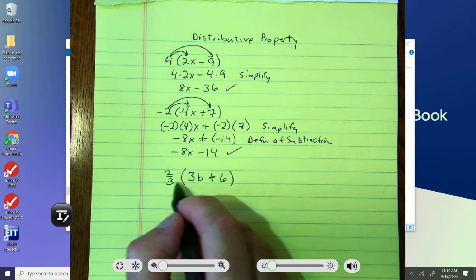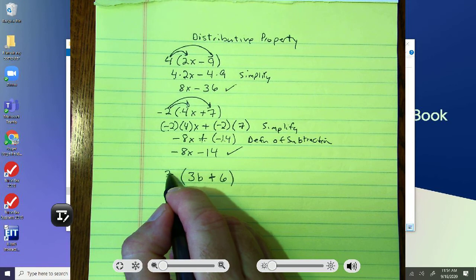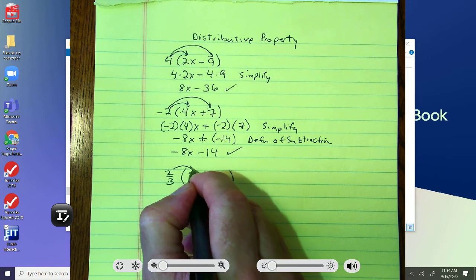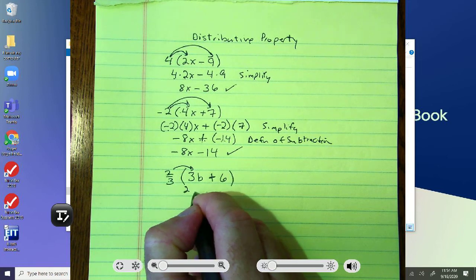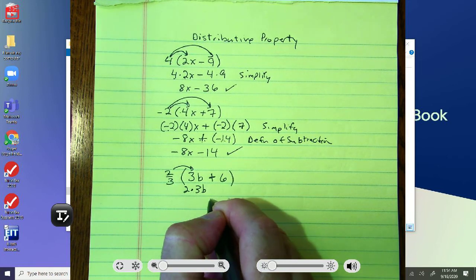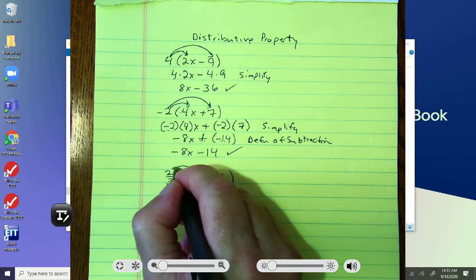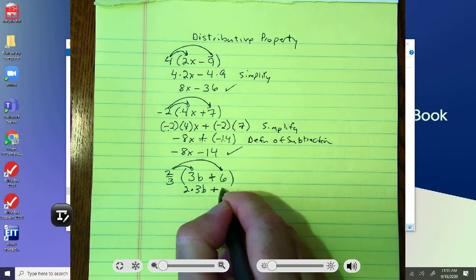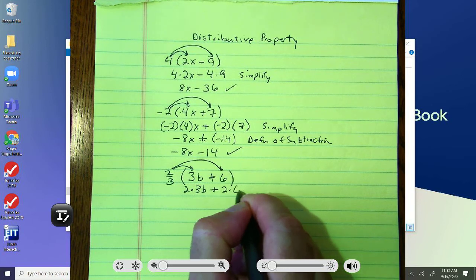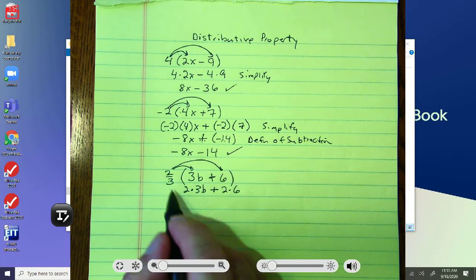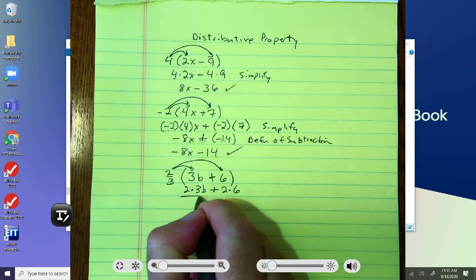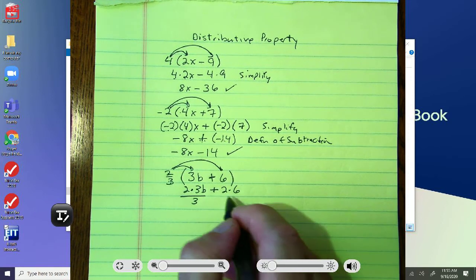First we distribute the 2 times the 3, then 2 times the 6, keeping our operation. Now we distribute this denominator, and it goes underneath each term.